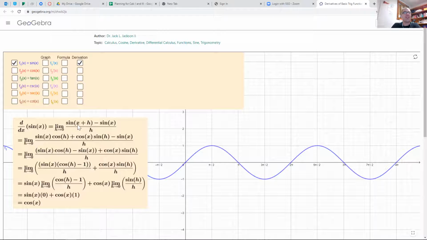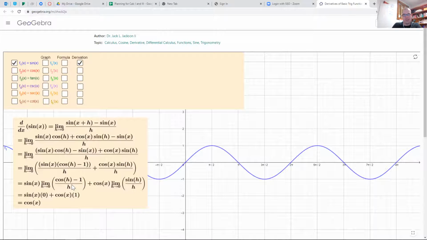You have to use an angle sum formula to split apart the original sine of x plus h, and you get this mess. And then you have to keep using trig identities along the way to eventually get to a spot where you can substitute in the limit as h goes to 0 on both of those.